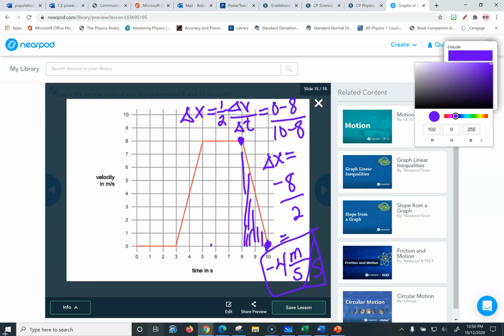And I'll talk about units in just 1 second. But that there tells you your acceleration.